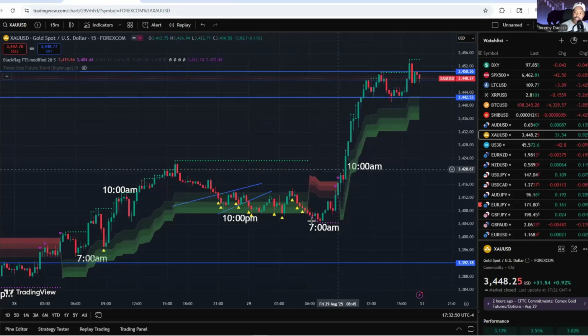But if you had your entry at 7 a.m., then you could have used maybe 34.16 or 34.15 as your stop loss, seen it happen, and kept your take profit open. And then you could have ridden this whole entire ride. That would be a long day of you looking at the charts, but it is more fun to look at the charts when you're in a winning trade versus a losing trade.